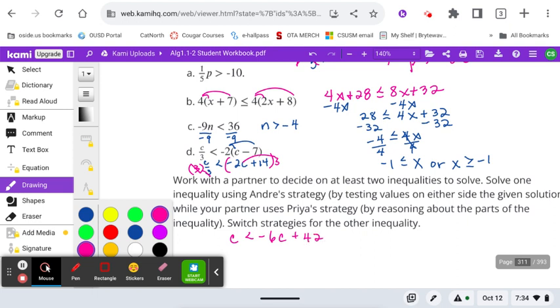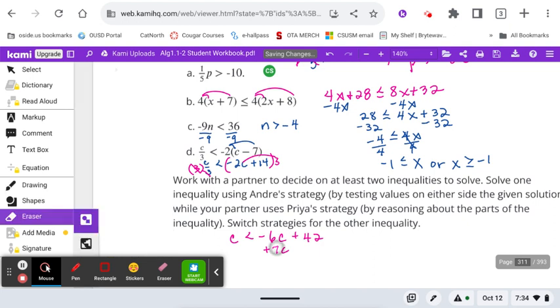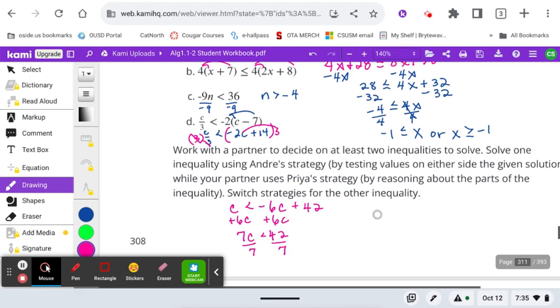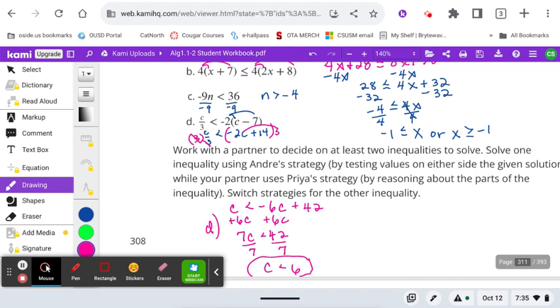Grab a calculator. 14 times 3 is 42. Now I'm going to move the c's. Oops. I'm already showing the answer. I'm going to move the c's to the other side. And I'm going to get c is less than 6. That's up here for part D.